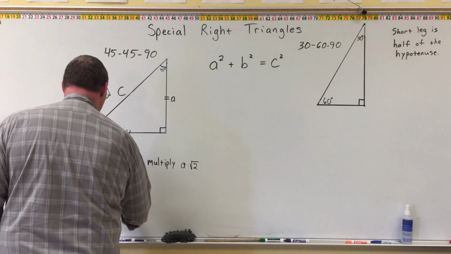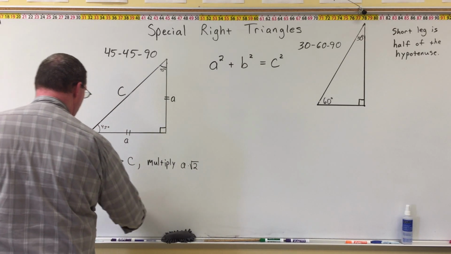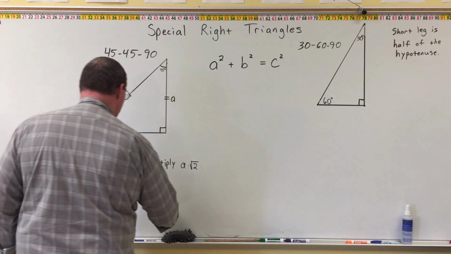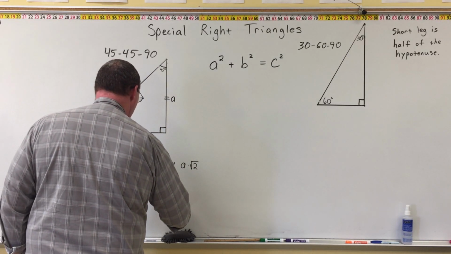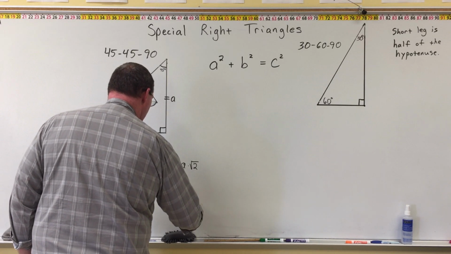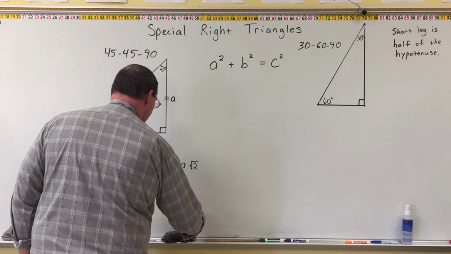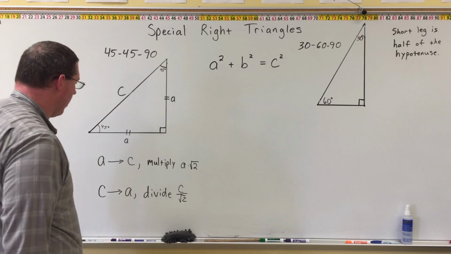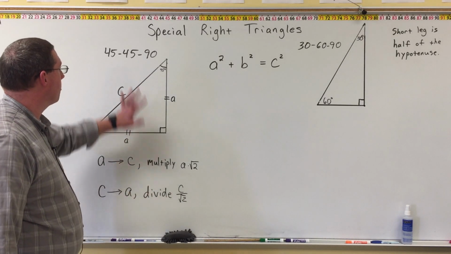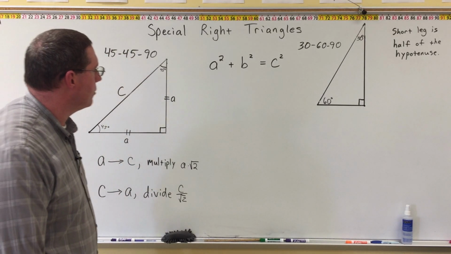If you know the hypotenuse C and you want to get A, divide C by the square root of 2. That's it. That's our whole formula, our only two formulas for a 45, 45, 90 right triangle.